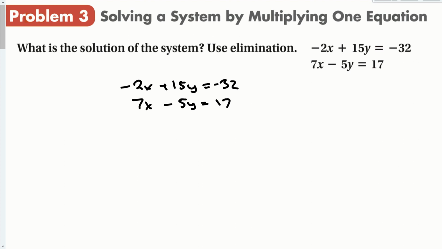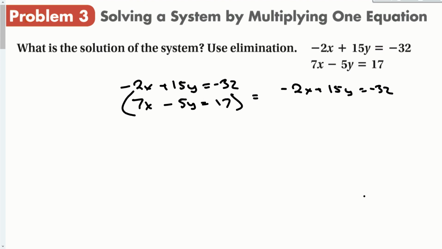But if I look and try to find the easiest way to multiply something to make one of the letters go away, I can see that if I take the bottom equation and multiply everything by 5, I will get an equivalent system.